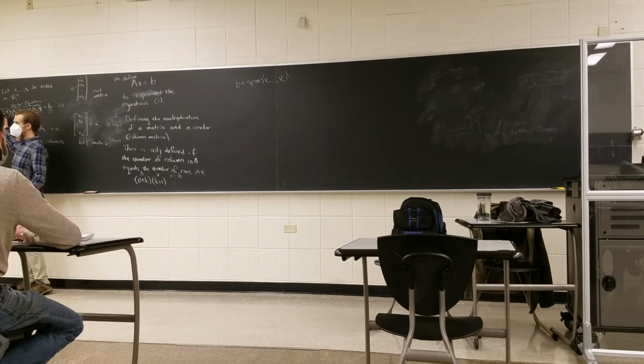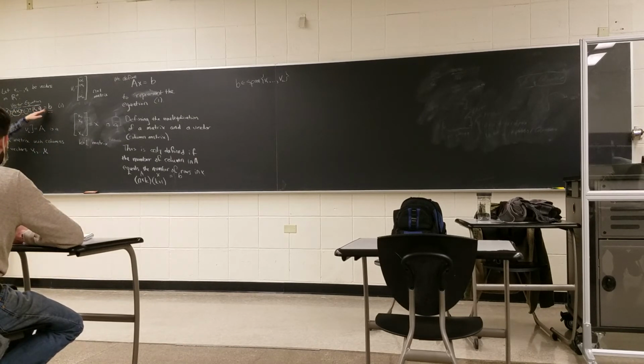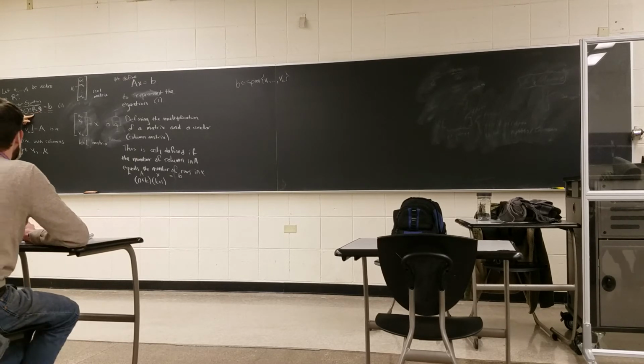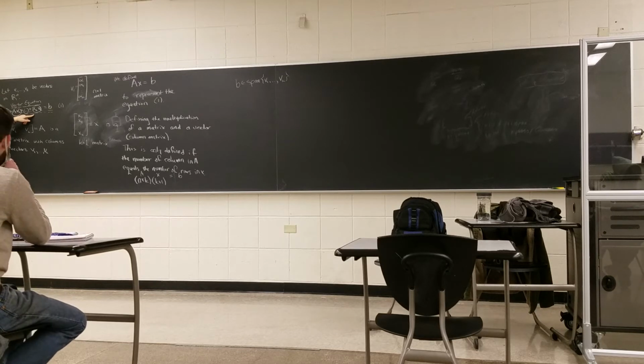If we pick some values of x1 up to xk, we get a B out at the end. We do these multiplications, we add everything together, and what we get out at the end is a vector. So if B can be written as a linear combination of these vectors, then it must be in the span, because the span is all of the linear combinations.